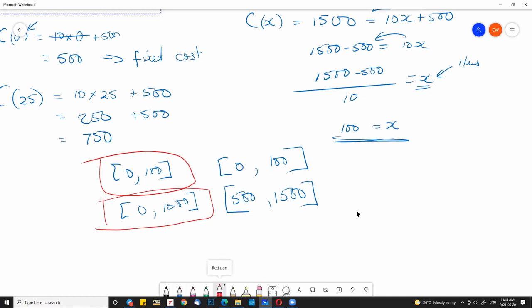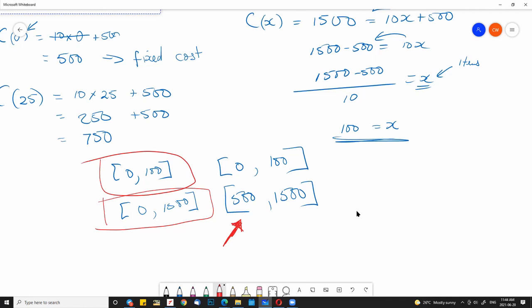I believe this is the answer given in the answer sheet. Fixed cost 500. I mean, in real life, nobody's gonna pay $500 for 0 items, right? But according to how the question is laid out, we found that the fixed cost is 500.